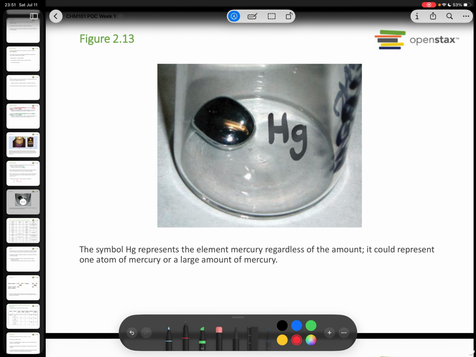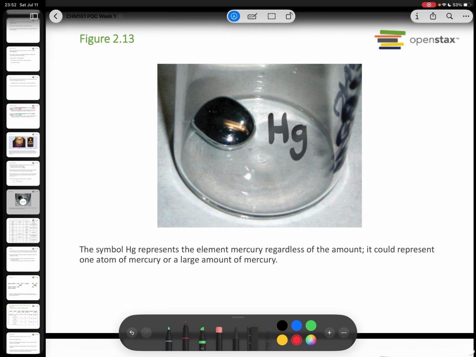The symbol Hg can represent the element mercury in general. So, a large sample of mercury or 1 atom of mercury. Siyempre, depending on context. So, this is common in chemistry naman. Symbols are flexible, but we must understand what they mean in a given situation.